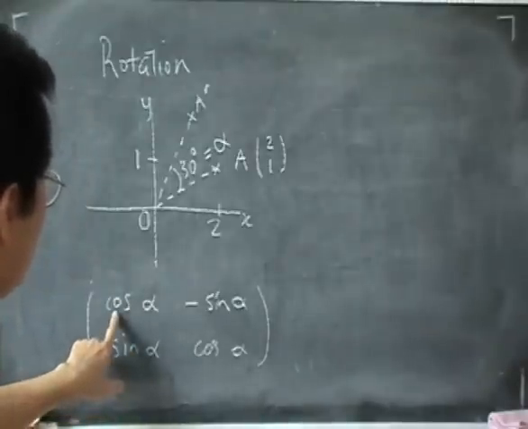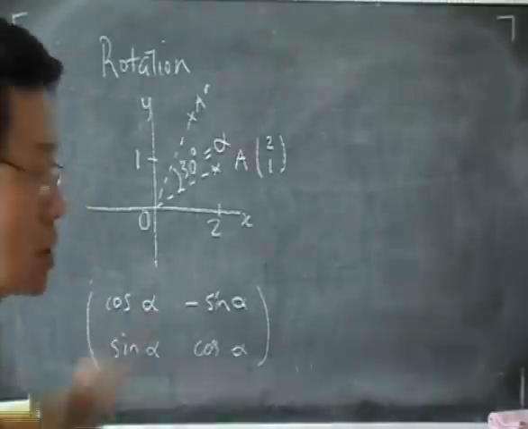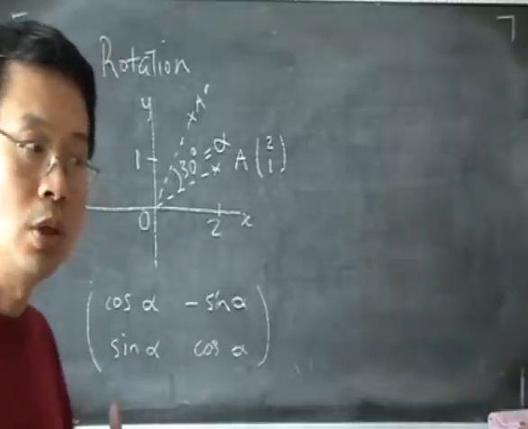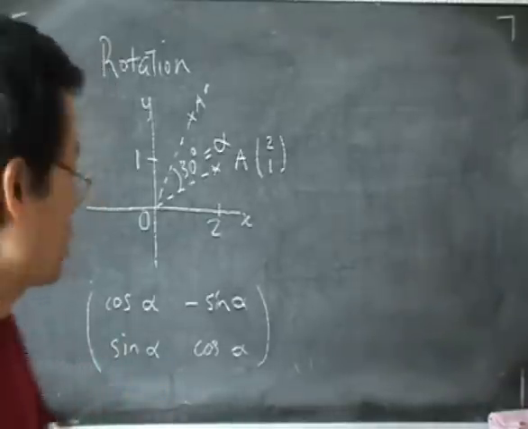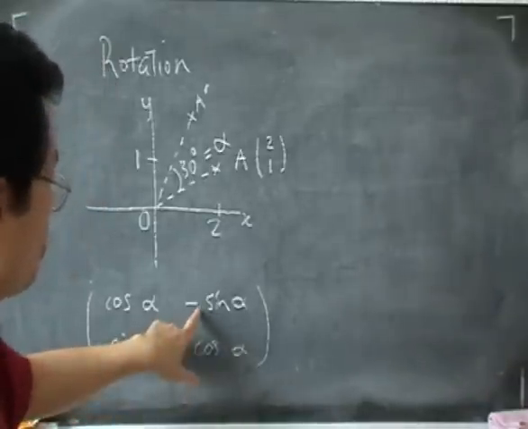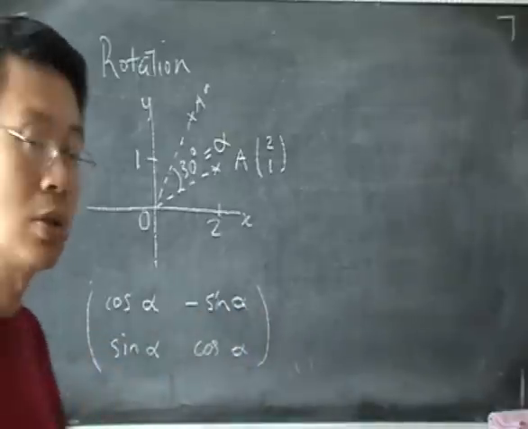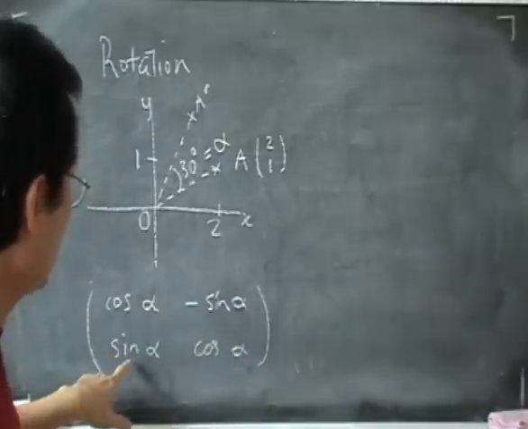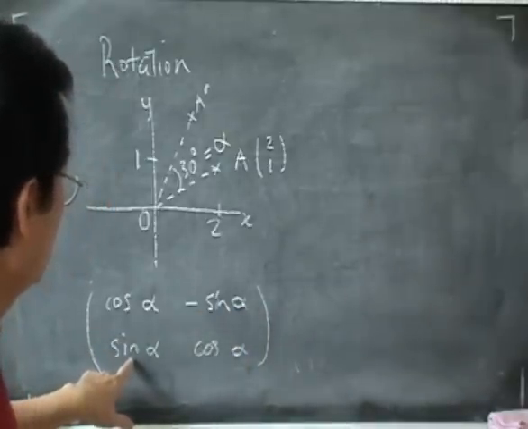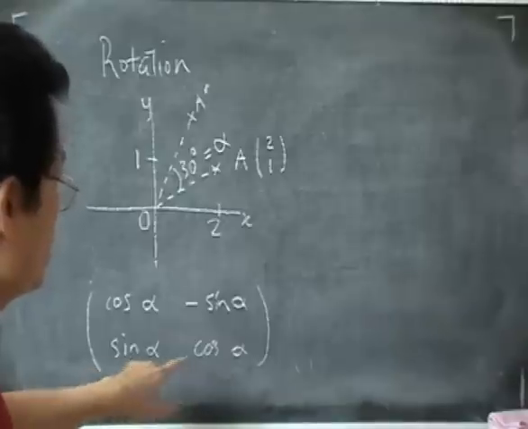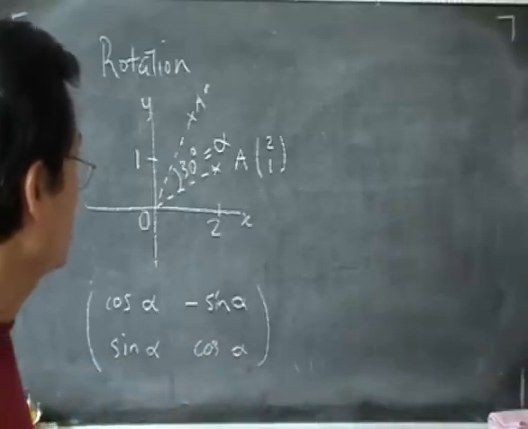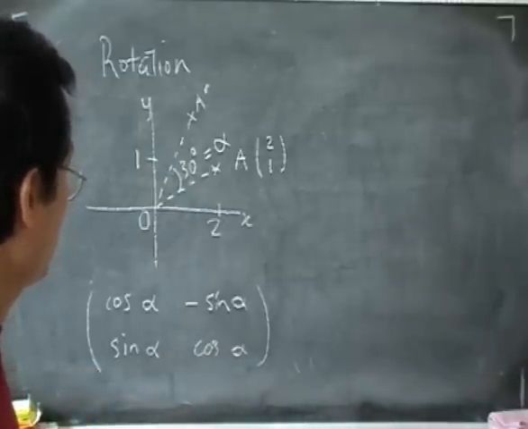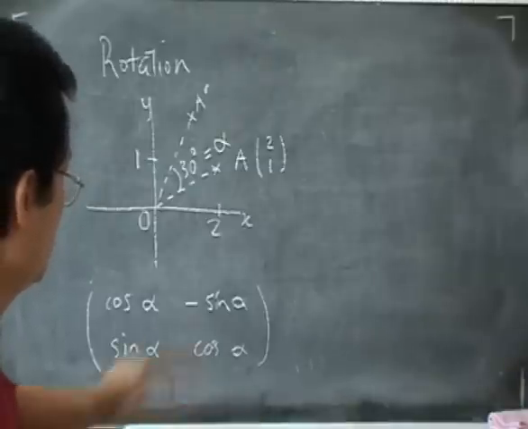And the first number is cosine 30 degrees, which you have to calculate with your calculator. Next number is minus sine of 30 degrees, and then that would be sine 30 degrees, and that would be cosine 30 degrees.